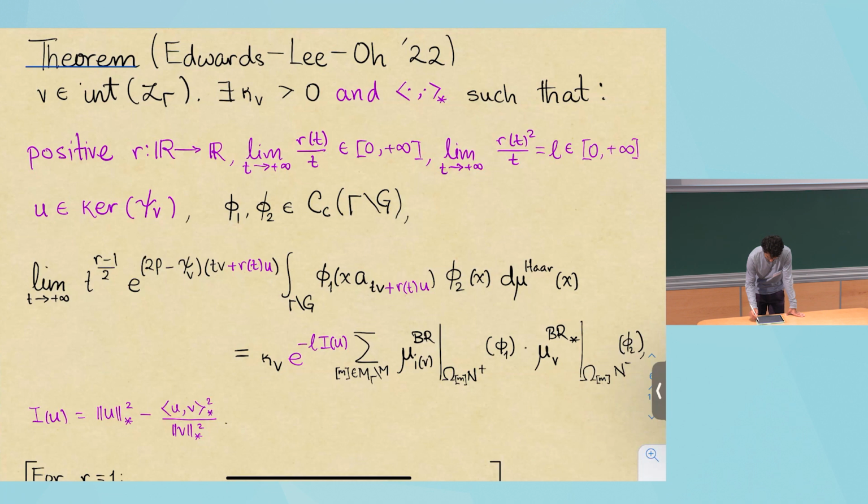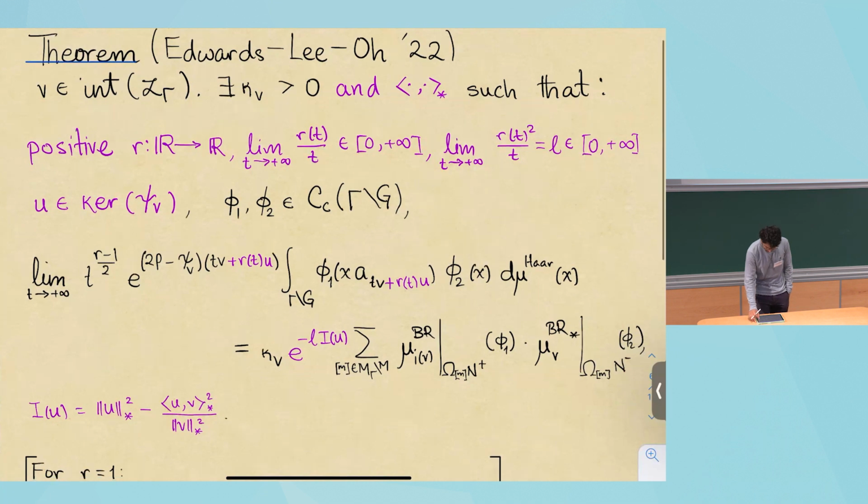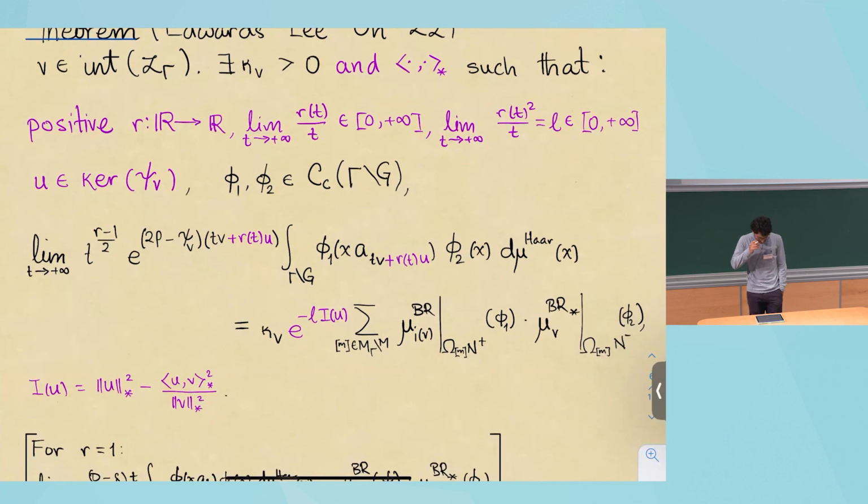So you accept infinity. I think the most interesting case is RT is simply square root of T. So that's what you need. Just think of RT as square root of T. I allow plus infinity. Yeah, I allow plus infinity. And yeah, so the interesting case is RT equals square root of T. Then you get something interesting here.